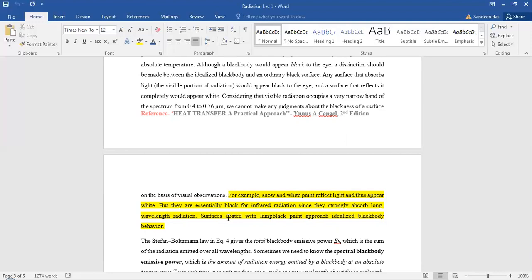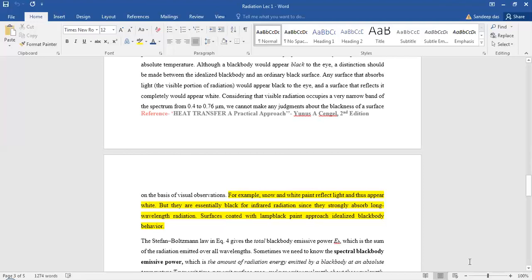But on the other hand, there are some blackbodies which are perfect absorbers, and they appear quite white to our eyes. For example, snow and white paint reflect light and thus appear white, but they are essentially black for infrared radiation since they strongly absorb long wavelength radiation.